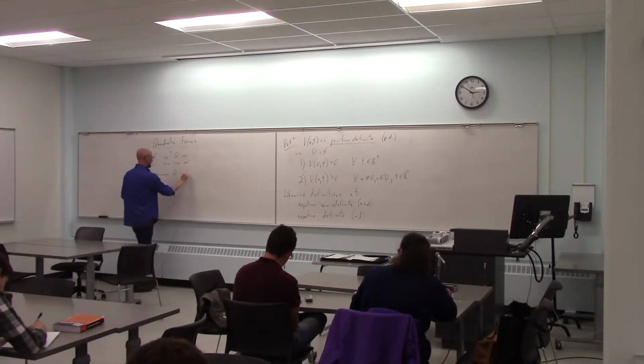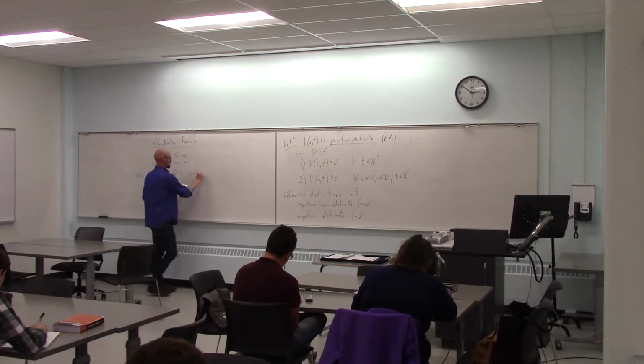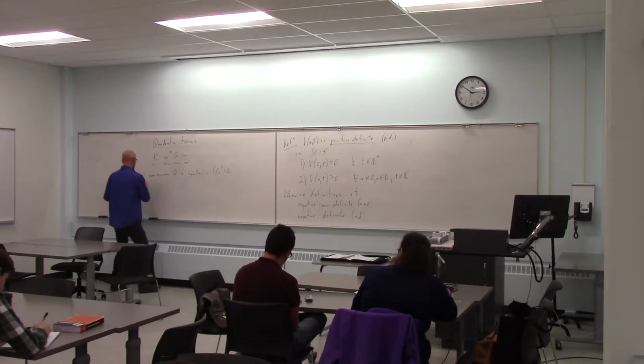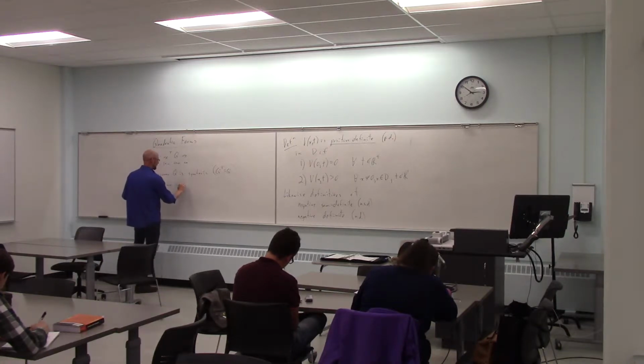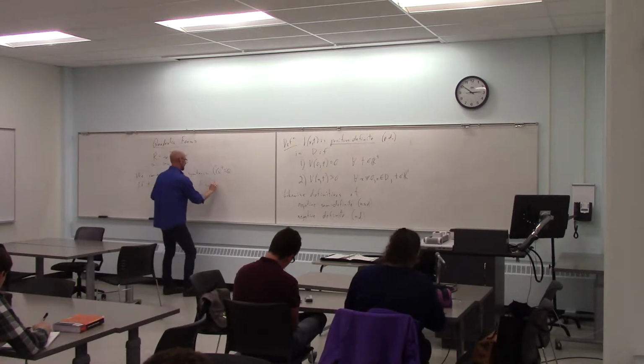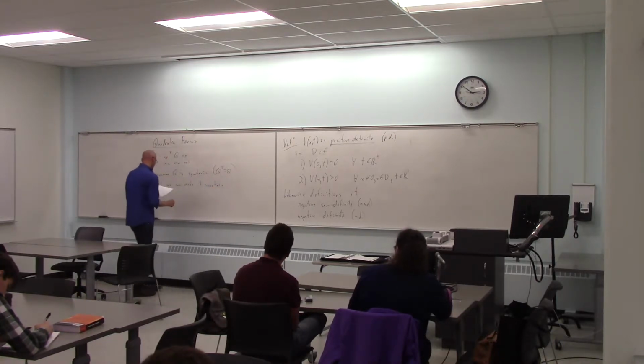In other words, the transpose of Q is equal to Q. If it isn't, we can make it symmetric. So it's kind of a trivial problem to make it symmetric.